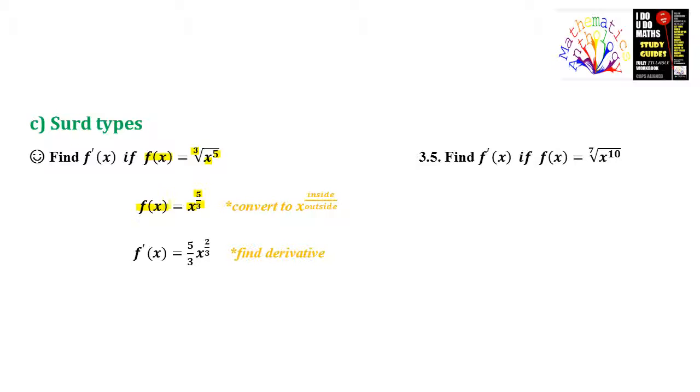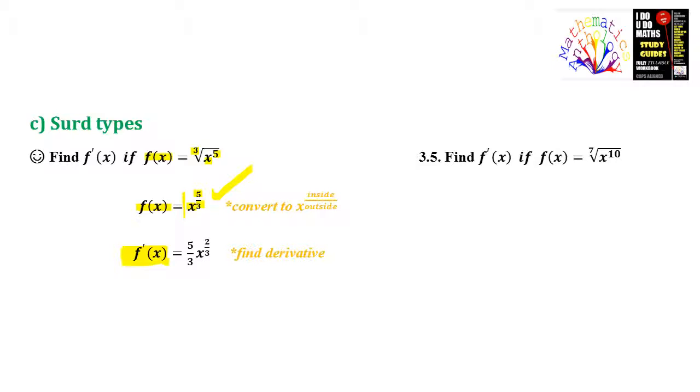You should notice that we have not changed the f of x yet. This is still f of x. We haven't changed it to f prime x in this line because we have not found the derivative yet. You will only change to f prime x when you are finding the derivative. So now, because we have it in exponent form, we can find the derivative. F prime x is equal to, and remember, we have an invisible coefficient of 1 here.